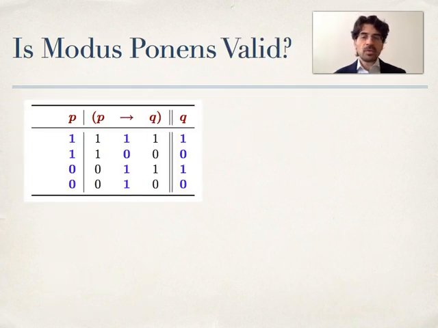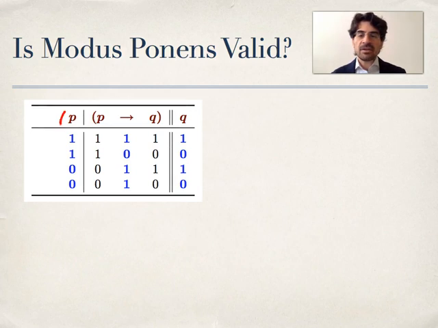In order to determine whether modus ponens is valid or not, we can use a truth table, an expanded truth table that encompasses both premises and conclusion. We can construct the truth table in the following way.